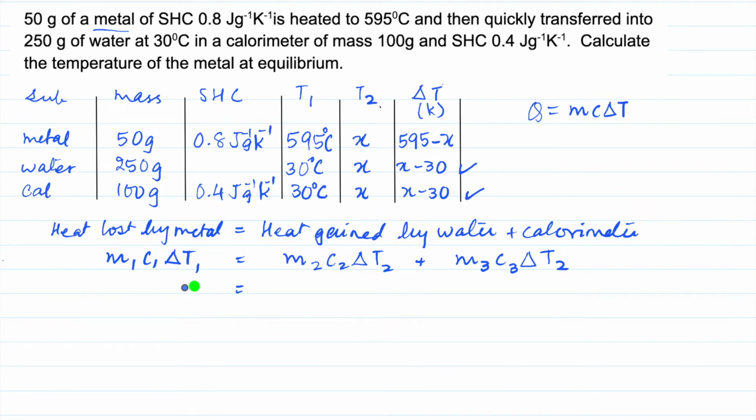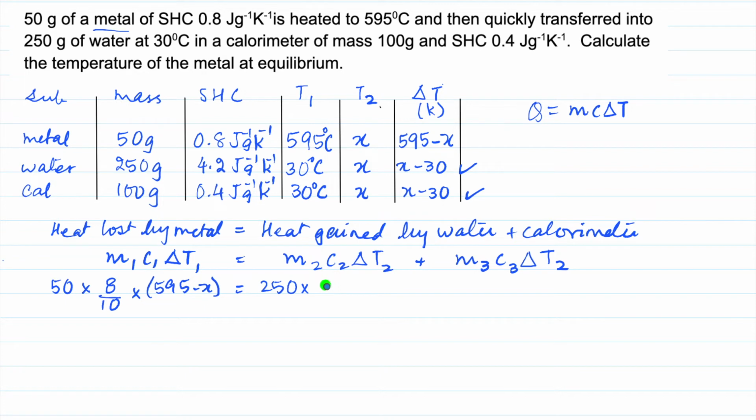Let us substitute. So we have M1 for metal is 50 gram multiplied by SHC is 0.8, that is 8 upon 10, and delta T is 595 minus X. For water, what do you see here? Mass M2 will be 250 gram multiplied by, now C2 has not been supplied, but I think by now everyone should know that it will be 4.2 joule per gram per Kelvin.